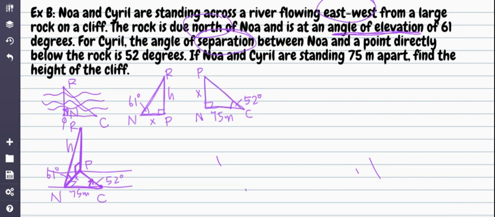Otherwise, we wouldn't have seen that we've got X in both of these. Okay, now I'm going to try to solve for X first. Since this is missing X and H, I can't really solve for either of them. But in this one, I only have X that's missing, so I can solve for it, right?